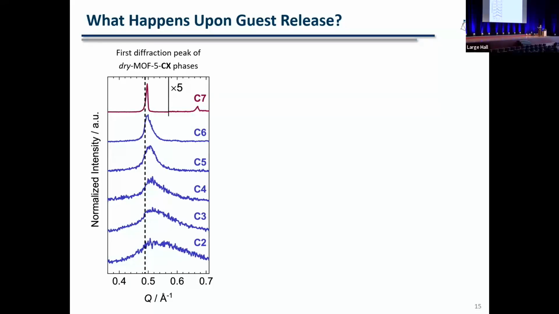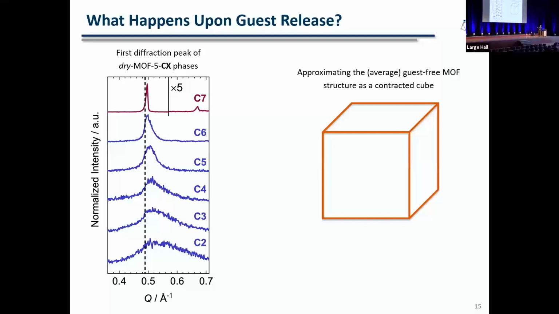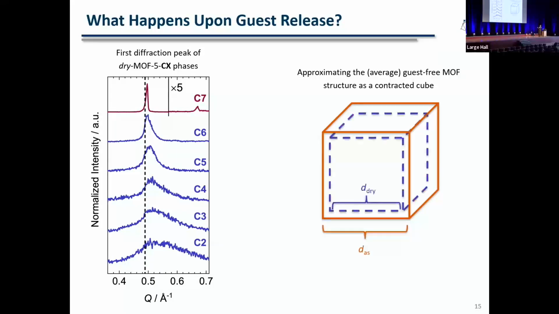You can make a simple cubic approximation. So basically determine the position of these peaks and calculate the corresponding d-spacing, and then do some simple math. So approximate these non-crystalline structures as a cubic structure still, and then you can calculate the volume change. We estimate volume changes of about -3% for the rhombohedral one, which is consistent with the crystallographic data.